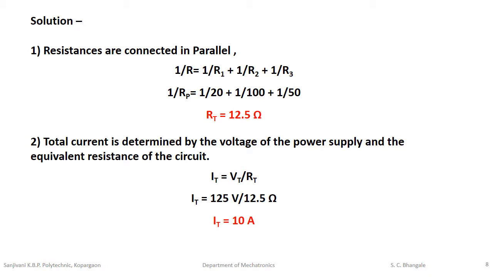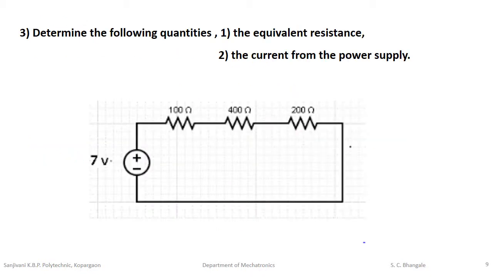VT is 125 volt and RT is 12.5. If we take the ratio, we get the total current flowing through the circuit as 10 ampere for the voltage rating of 125 volt and the three resistors R1, R2, R3 connected in parallel. So the total current value is 10 ampere.